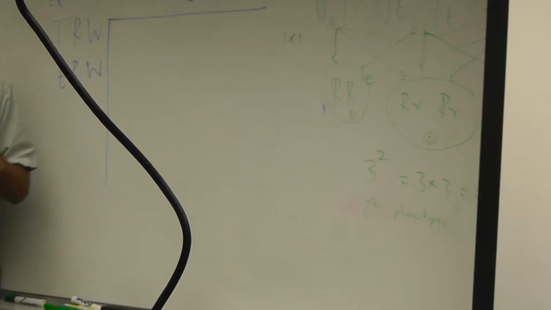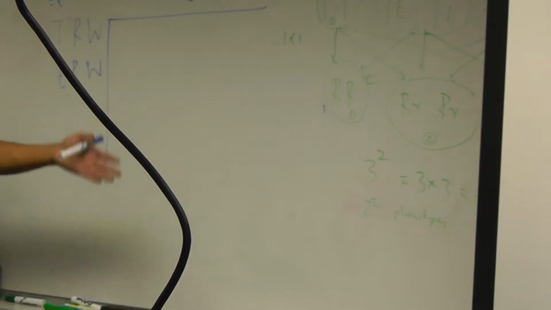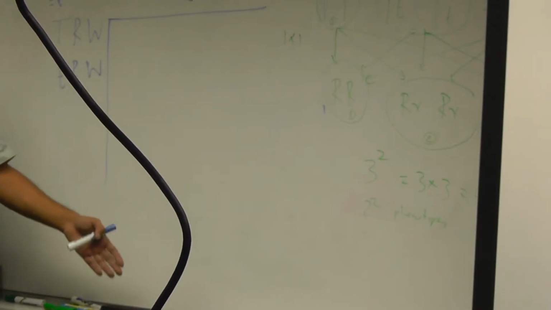Just think. Is that 27? 27, yeah, that's what I said. And why is it 27? Because it's the same diagram except there's another W being added to the bottom. Exactly. So that means 3 times 3 times 3. Exactly.